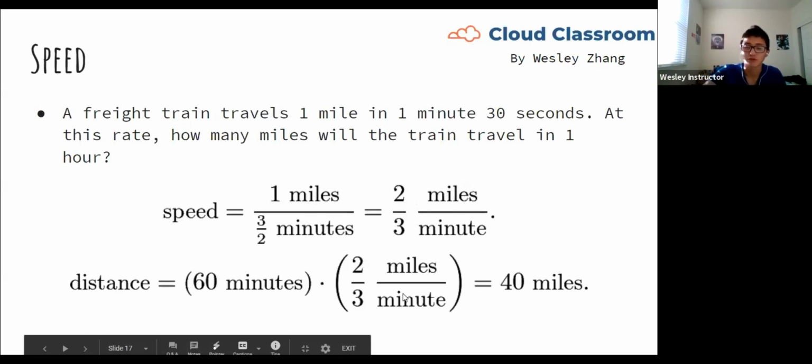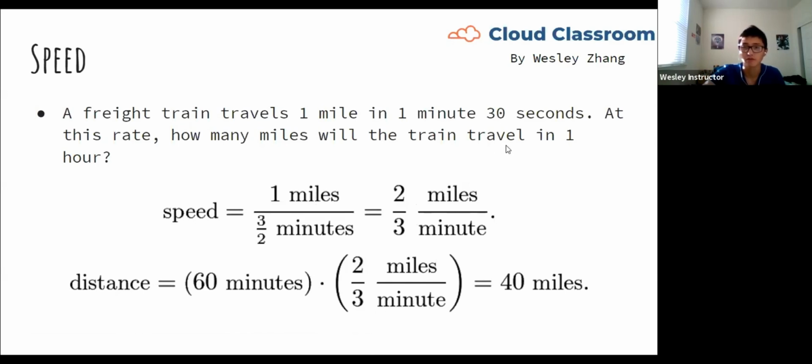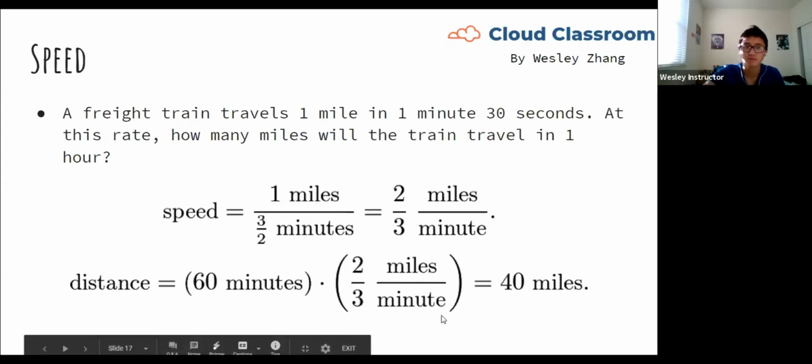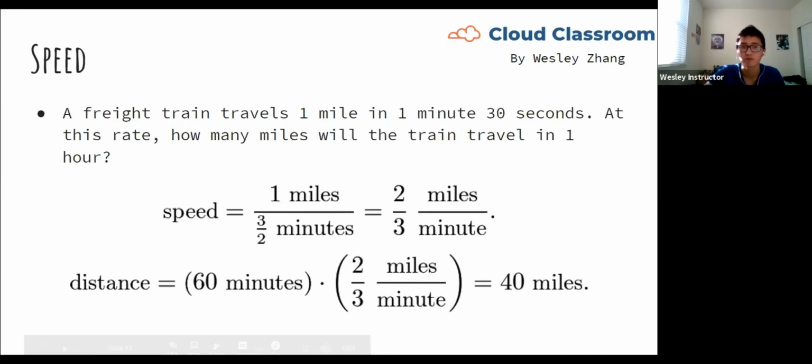So we have 2/3 miles per minute, and we want to know how far it travels in 1 hour. So that's 60 minutes. So we got to convert from hours to minutes. So 60 minutes times 2/3 miles per minute, and we get 40 miles. So this train will travel 40 miles in 1 hour.